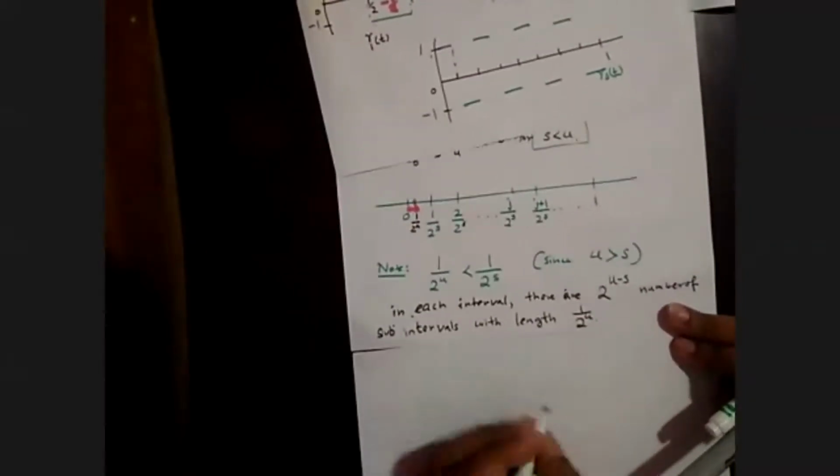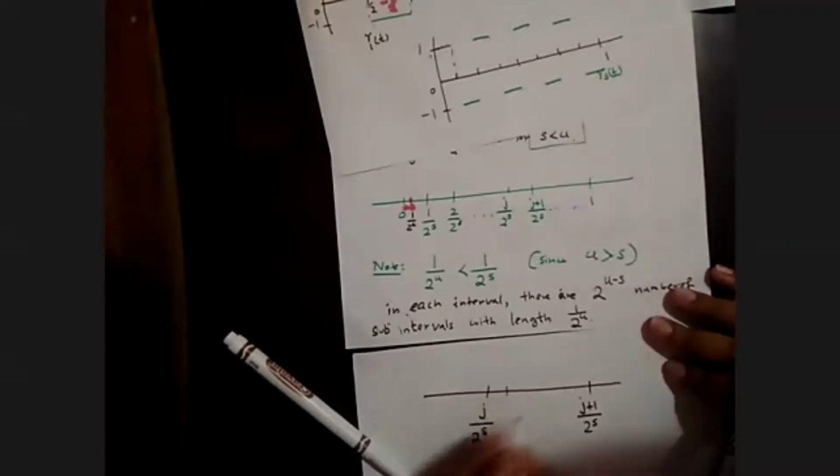If I draw that in the next plane, I'm going to extract this picture, j over 2 to the s to j plus 1 over 2 to the s. In between this region, I will now have a couple more points. So j over 2 to the s plus 1 over 2 to the u.